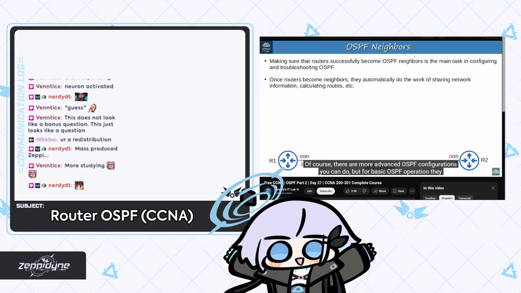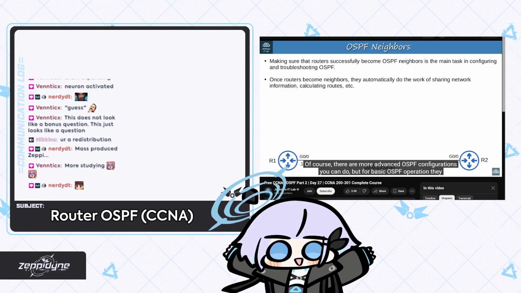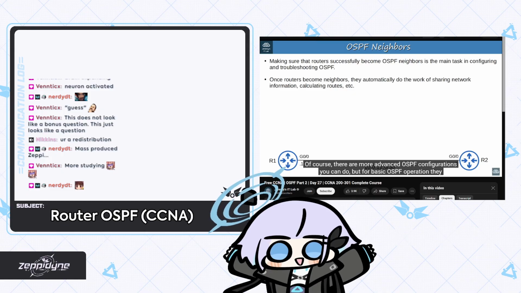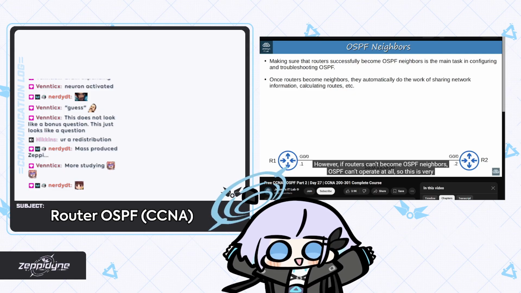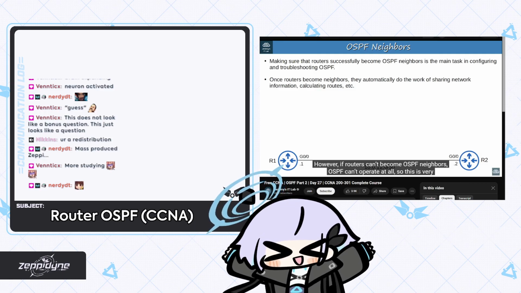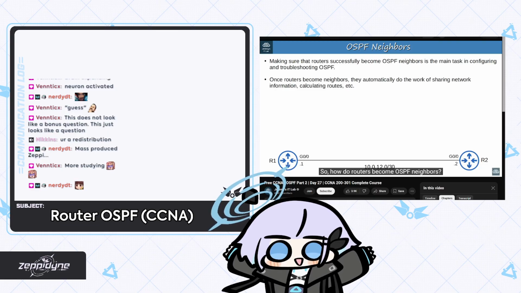Of course, there are more advanced OSPF configurations you can do, but for basic OSPF operation, they aren't necessary. However, if routers can't become OSPF neighbors, OSPF can't operate at all, so this is very important. So how do routers become OSPF neighbors?